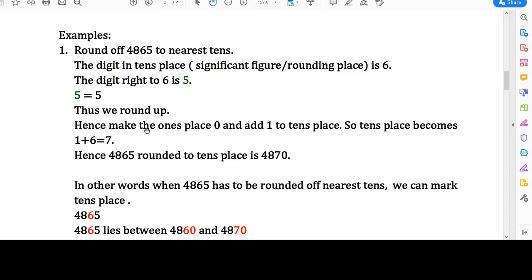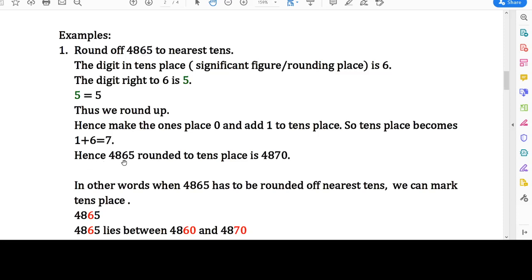Hence we make the digit next to the place to which we have to round it off 0, and since we are rounding up we will add 1 to the digit in the tens place. So the tens place becomes 6 plus 1, so this becomes 70.